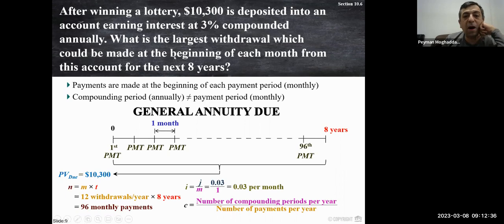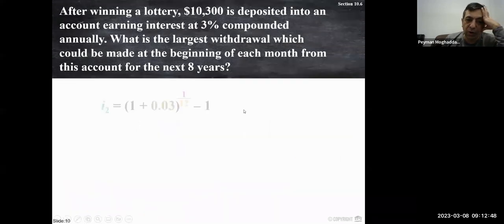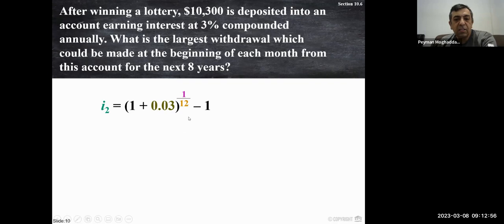How many payments per year do you have? 12 payments per year, at the beginning of each month. So C is 1 over 12. Now you have I and C, and we need to find I2. I2 is (1 plus I) to the power of C, minus 1. To calculate this, it's 1.03 to the power of 1 over 12.